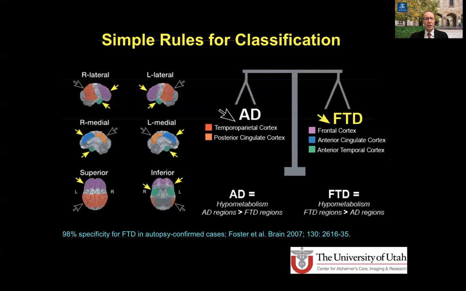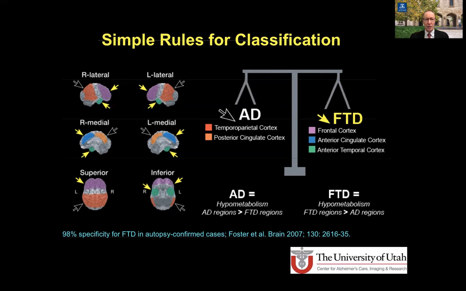I did mention in my earlier talk a simple rule for classification of FDG PET into frontotemporal dementia versus Alzheimer's disease. If you're not sure, if your 3D surface display is showing both frontal and posterior brain changes, then a simple approach to make a decision is to imagine the brain is pivoting in the middle of the brain.